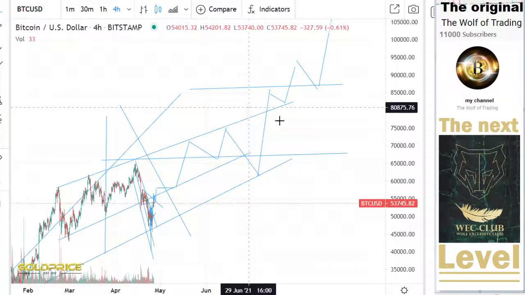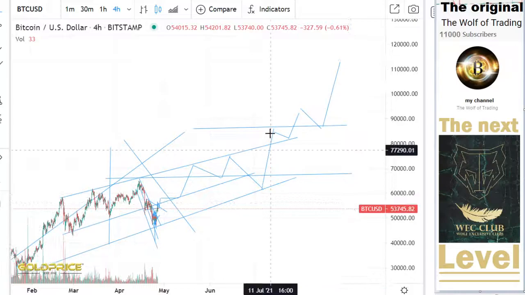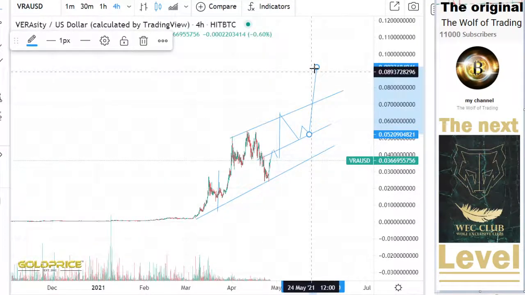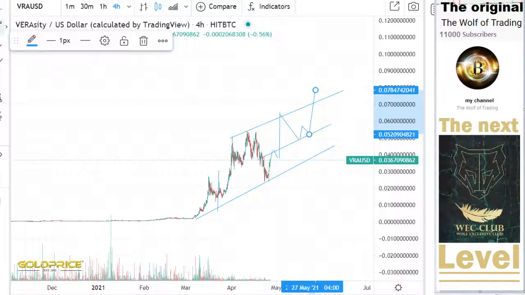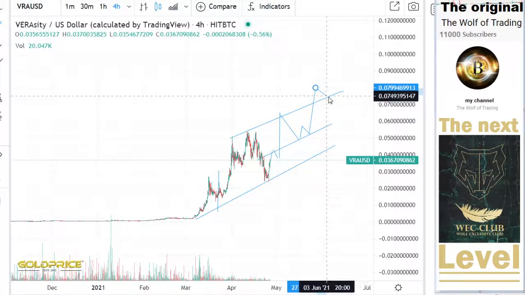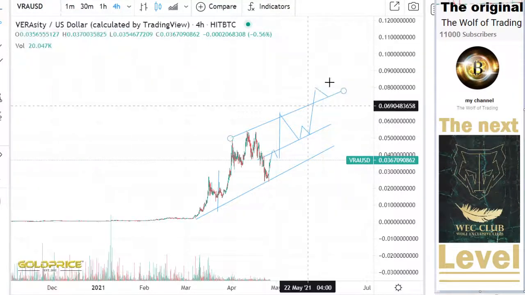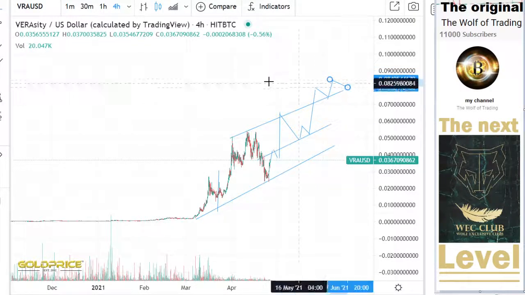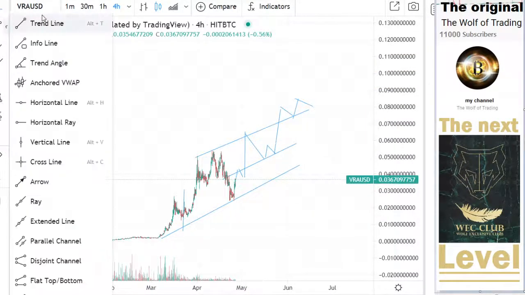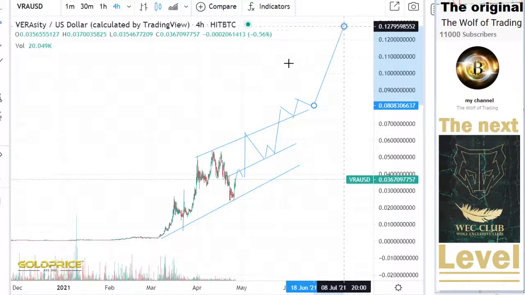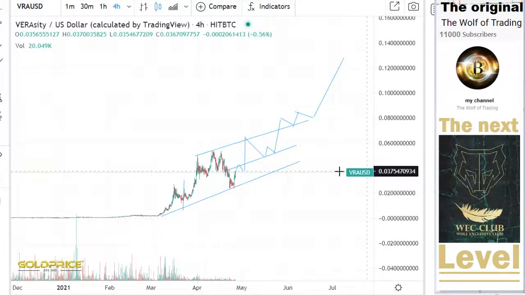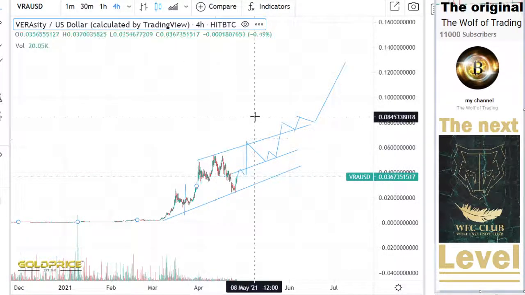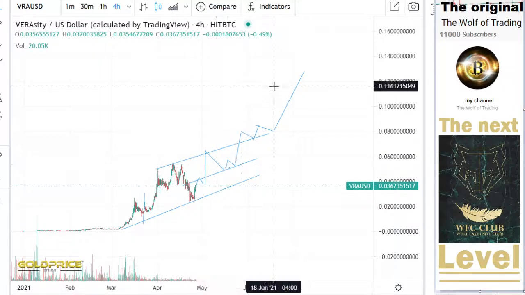And if you compare more with Bitcoin, you can see that we will stay here at these levels and go to the top side. If you imagine what kind of pattern this is, we have a left shoulder, head and right shoulder.